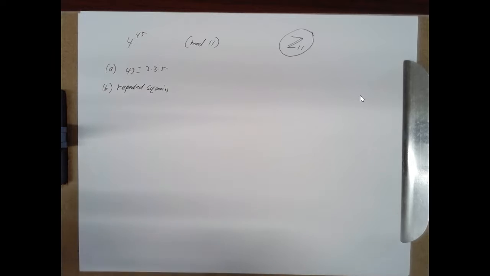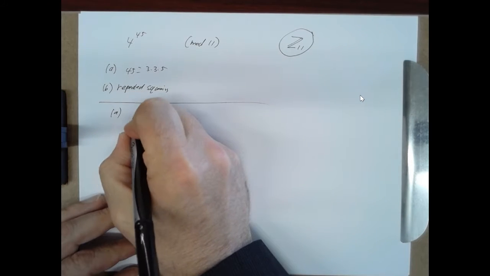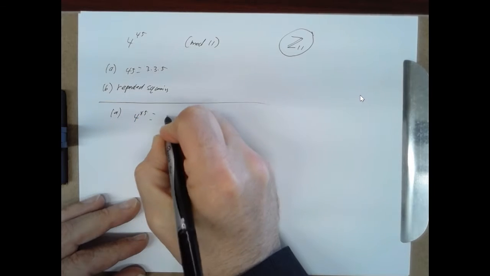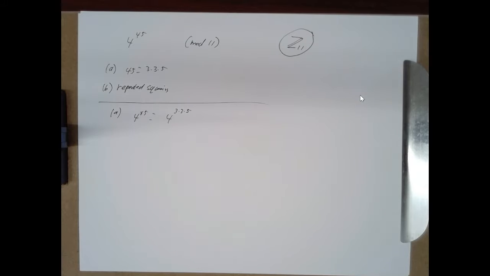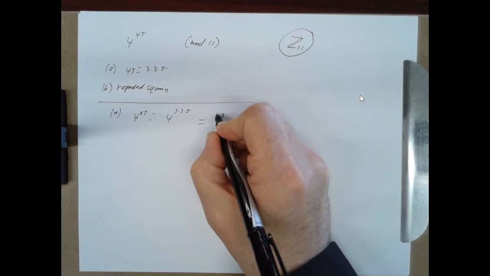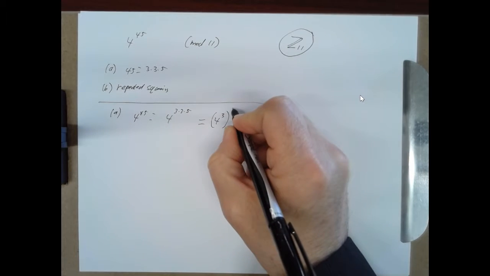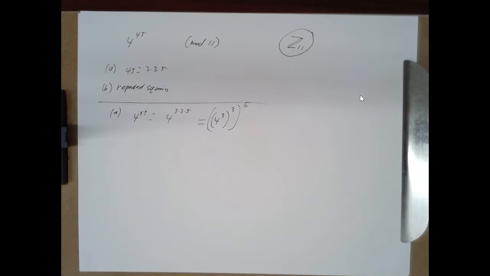Well, 4 to the 45th is equal to 4 to the 3 times 3 times 5, which I think would be 4 to the 3rd to the 3rd to the 5th. Right, good old exponents.